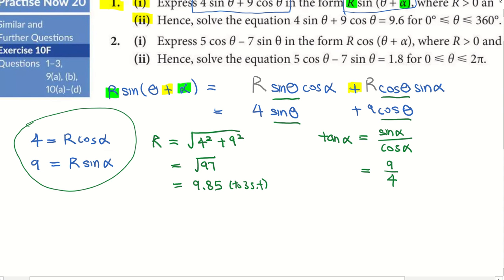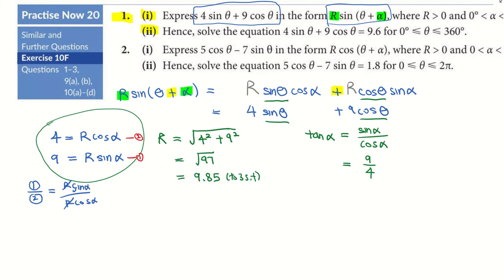Why did I ignore the R? If you all see, I ignore the big R. I just put 9 over 4. So tangent alpha is 9 over 4. Immediately, I will find the tangent inverse of 9 over 4. Find your alpha from here. Take the tangent inverse.